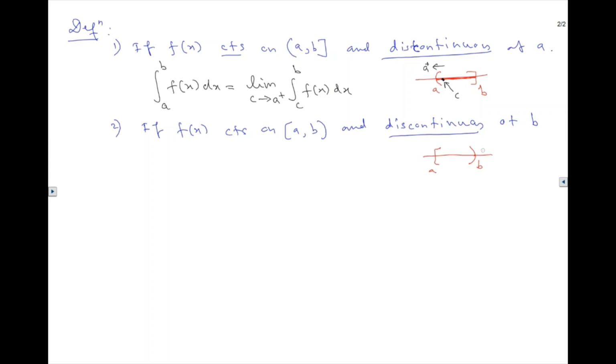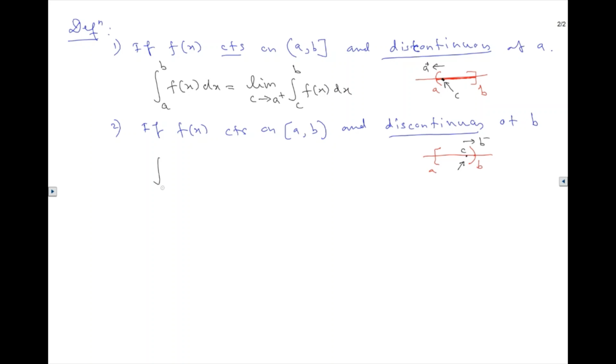So now what we can do, as before, we're going to pick a c, and then we send c to b from the left.